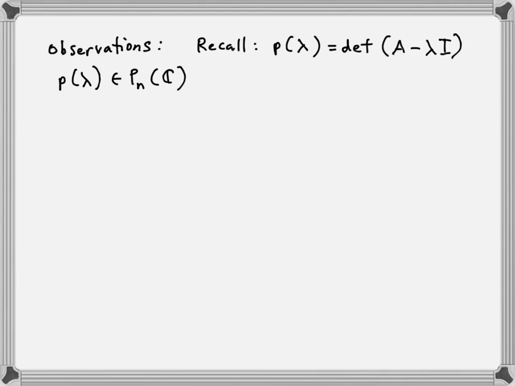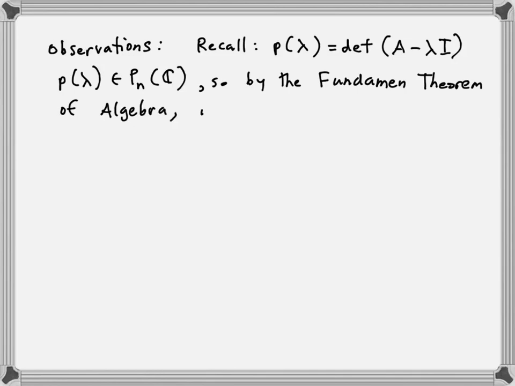Okay? So what do we know about nth degree polynomials? Well, by what we learn in algebra, this is the most important theorem in all of algebra. So by the fundamental theorem of algebra, if lambda 1 to lambda k are, now, let me just point out that these are complex numbers.